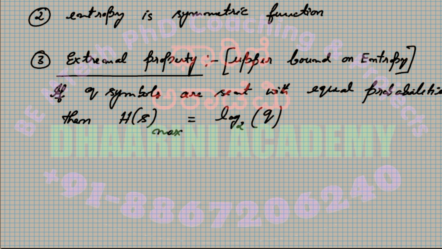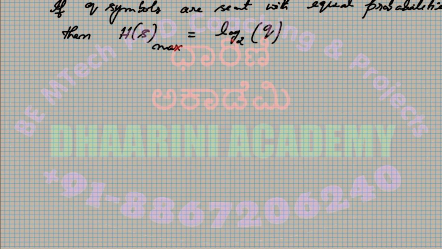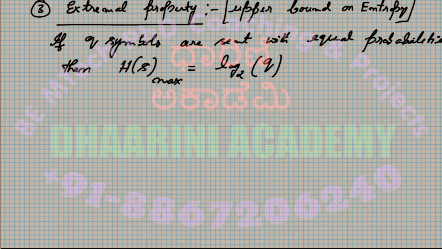Right, so only when you have all the symbols, if it is three symbols, you have equal probability 1 by 3. So q symbols are sent with equal probabilities of 1 by q, then H of S takes its maximum value. Okay, so that's the meaning.